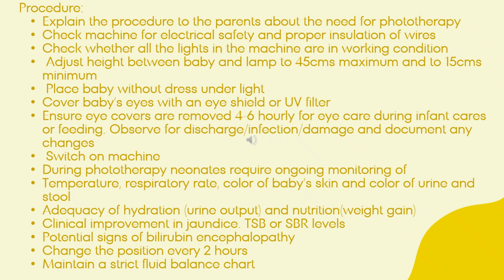In premature infants, more than 5 milligram per deciliter of bilirubin, they will go for phototherapy. In term babies, if the bilirubin level is more than 8 milligram per deciliter, up to 20 milligram per deciliter, they will go for phototherapy. The order will be given by the neonatologist or the pediatrician.